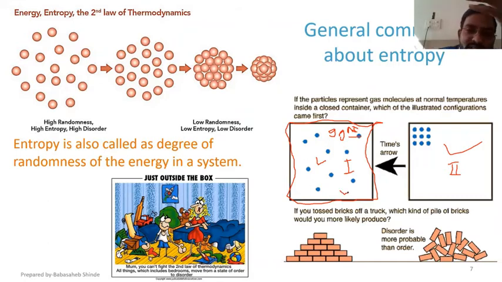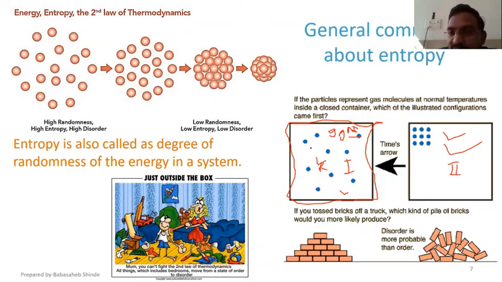Each one of you will be sitting anywhere, doing anything he likes, right? So if you compare the randomness or disorder of state 1 and state 2, this is an orderly state because molecules are arranged neatly, whereas in state 1 the molecules are moving here and there.